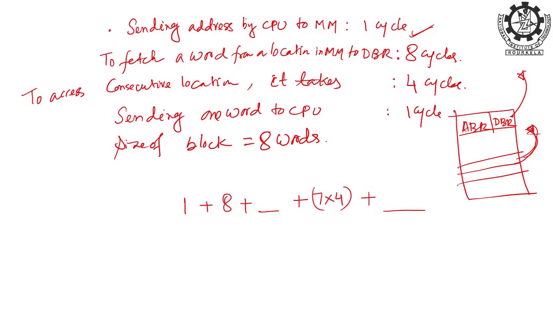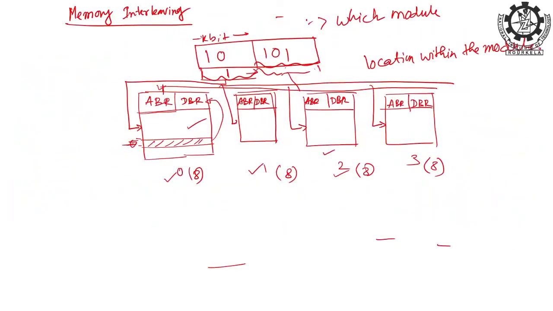See, first try to understand the problem. We have a memory organization just like this one. We want to transfer a block of data from this memory, that is the main memory, to the cache memory. So, what is the underlying situation? The CPU will send the address to the memory module.